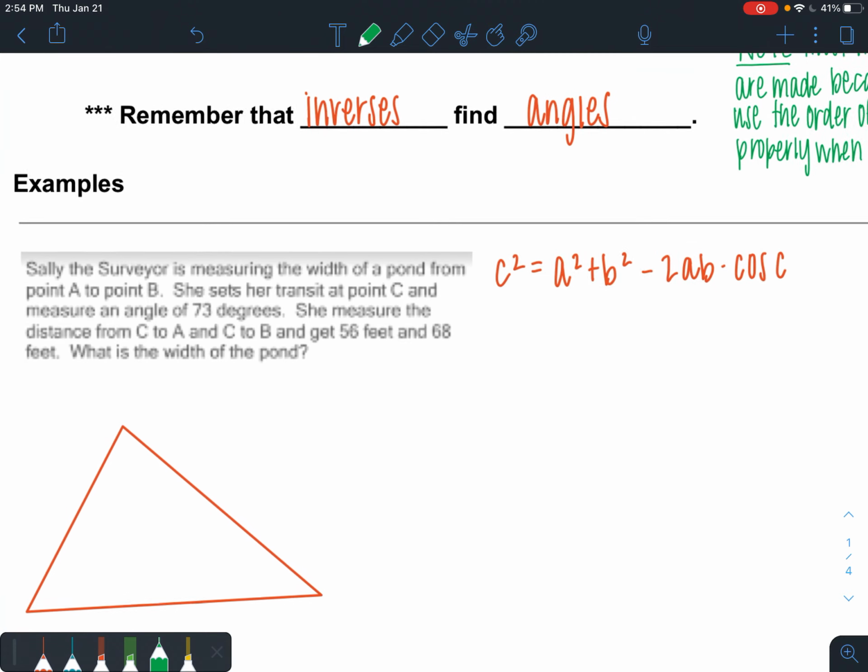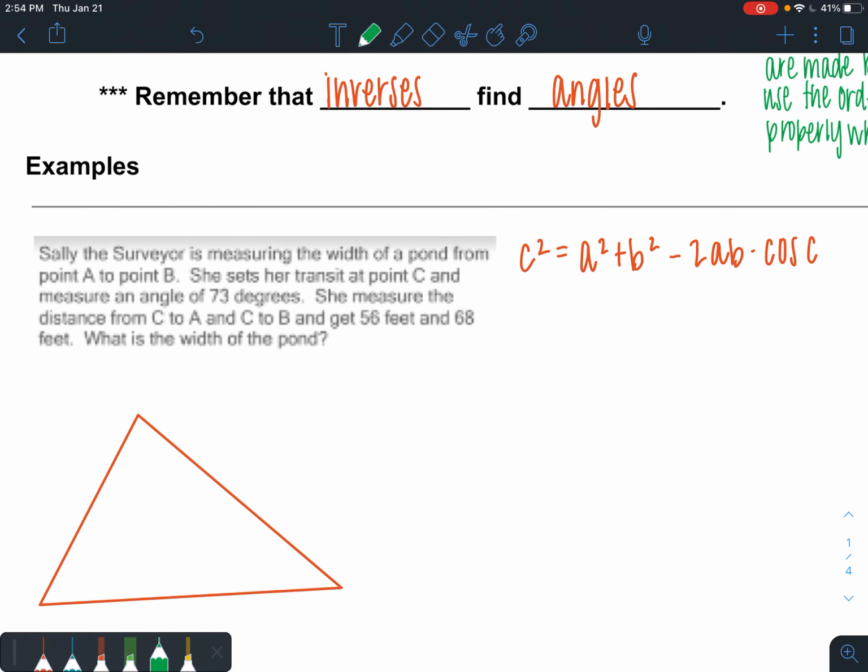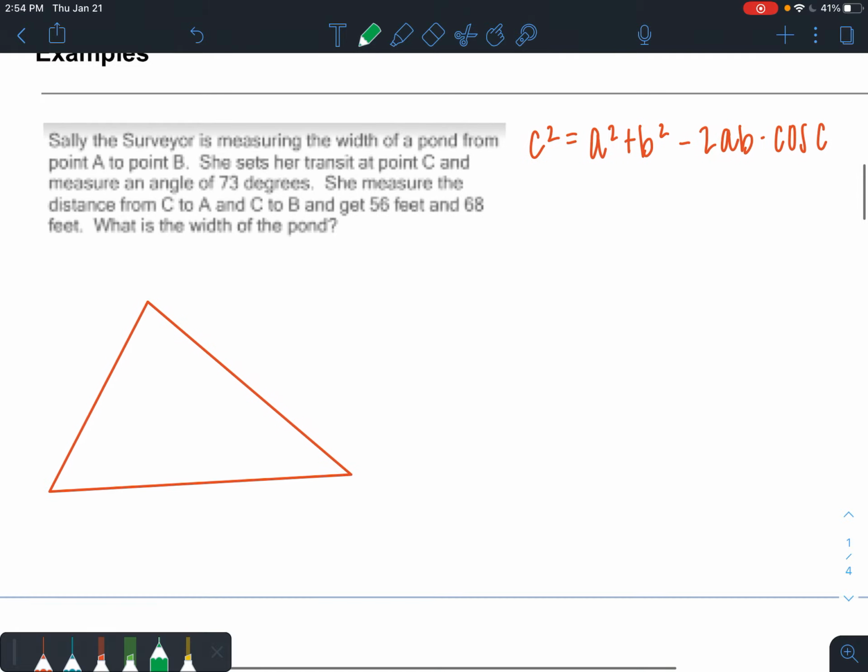Okay. So it says Sally the surveyor is measuring the width of the pond from point A to point B. Here's point A, here's point B. She sets her transit point at C and measures an angle of 73 degrees.